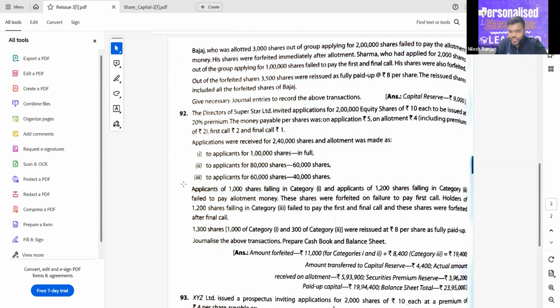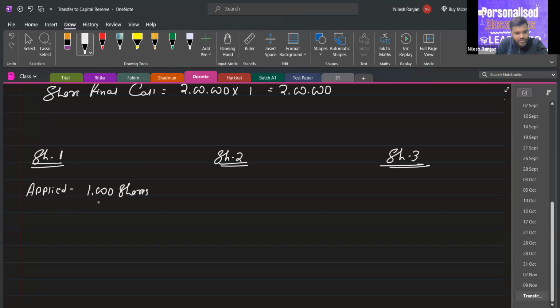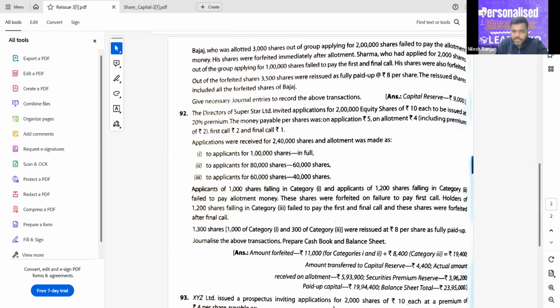He got all the shares. Okay. So he got all the shares, means 1000 shares is allotted also. And he did not pay allotment money. Yes. Failed to pay allotment money. Okay.